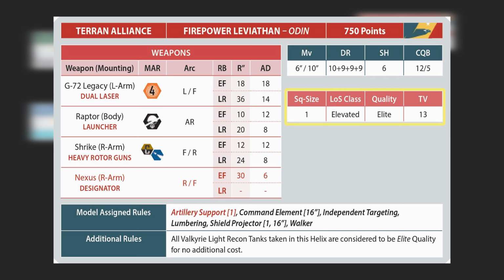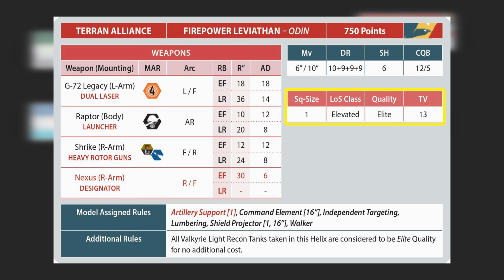Below that we have squadron size, SQ size, which in this case is 1. You can only take 1 Leviathan per Leviathan helix. Next to that is LOS class, which is line of sight class. This can be light, armoured, elevated or flying, and the LOS class determines how line of sight works to and from a model.